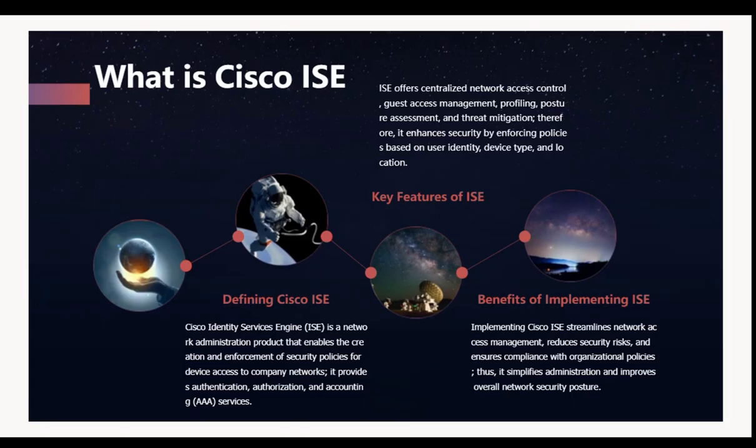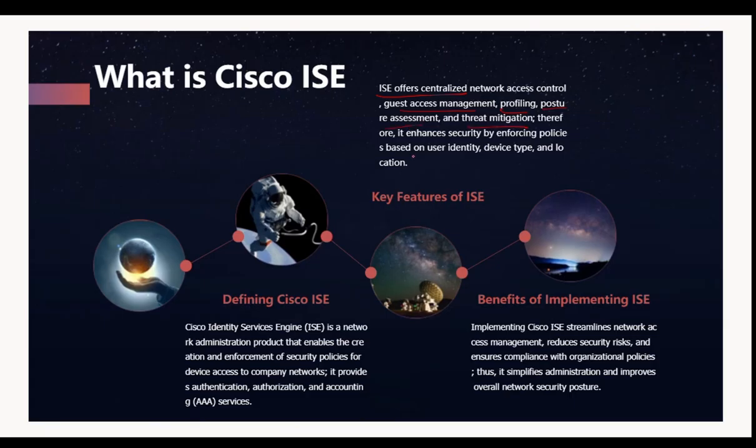But before you can justify the investment, you need a clear and concise answer to the first question leadership will ask, that is, what exactly Cisco ISE is. To define Cisco ISE in simple words, Cisco ISE is a central intelligence for access control. It offers centralized network access control, guest access management, profiling, posture assessment, and threat mitigation.